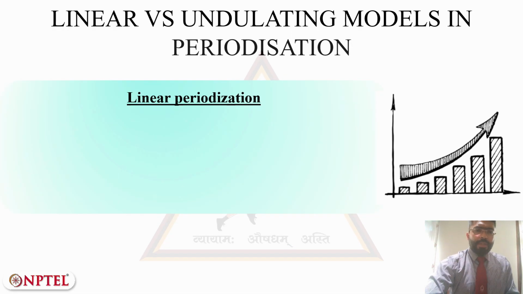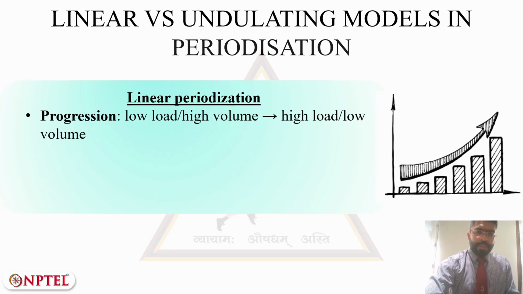Now let's see the difference between linear versus undulating models in periodization. In linear periodization, the progression is from low load or high volume, which has got higher number of repetitions, to high load and low volume with lesser number of repetitions.